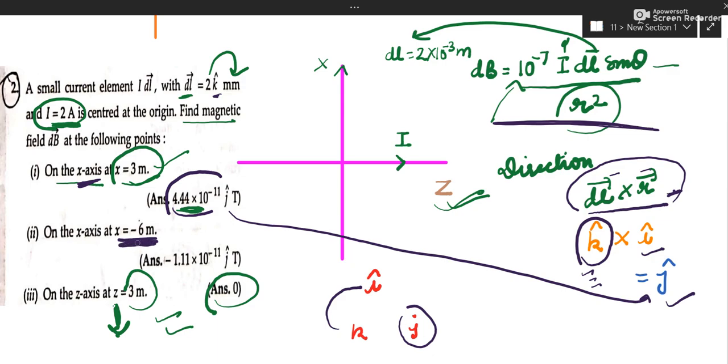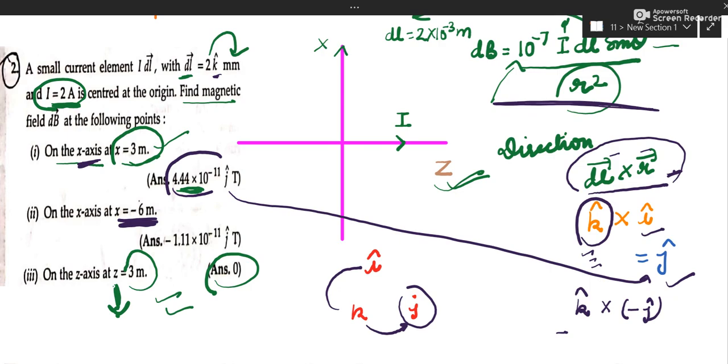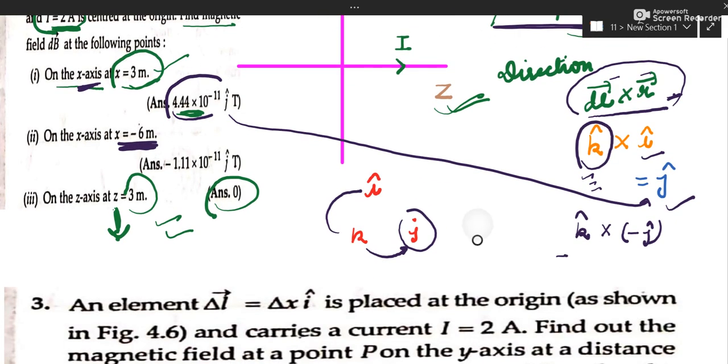So direction will be found by K cap cross minus I. Sorry, the point is along x-axis, so that means it is located at x-axis.